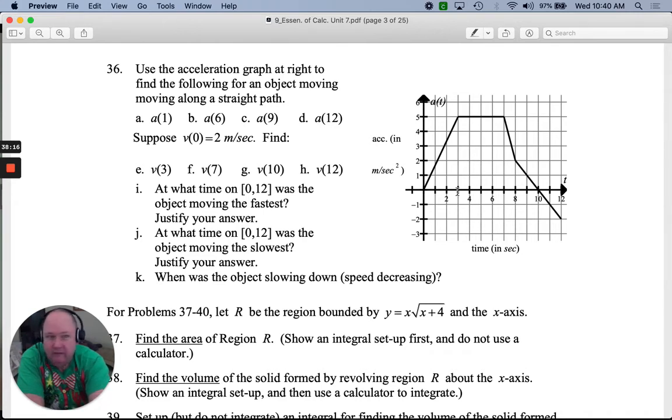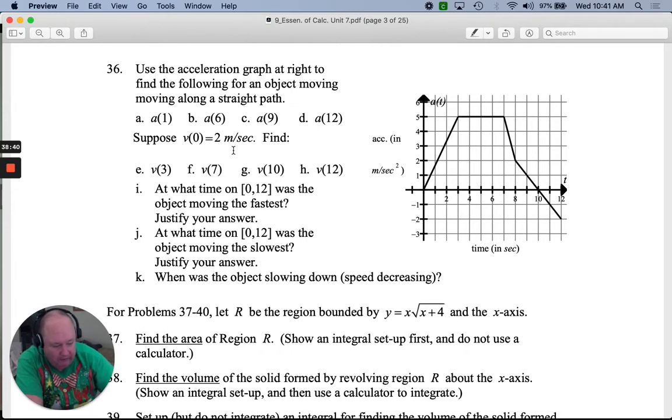The equation at 3, you would find half the base times the height. And it says, suppose the velocity at 0 equals 2. So that means the starting value is 2. I'll show you my work.